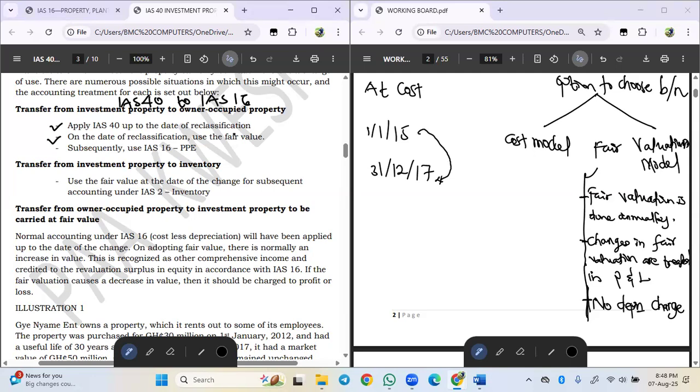And on the date of reclassification, you still use fair value, that is IAS 40.